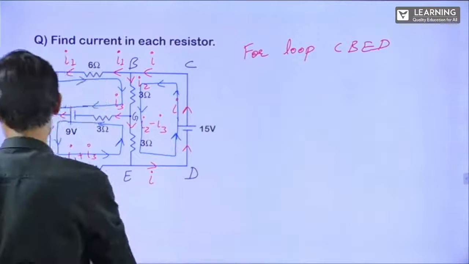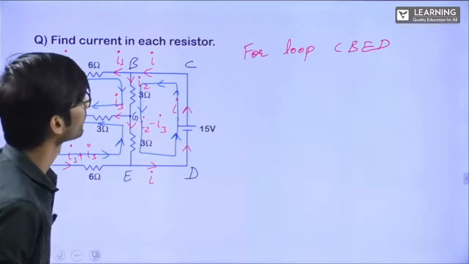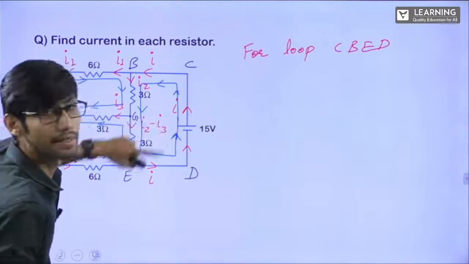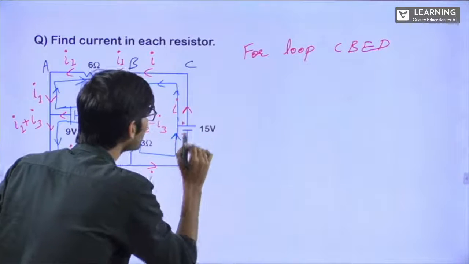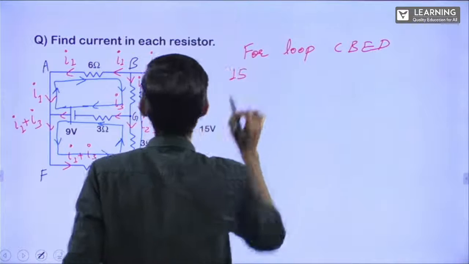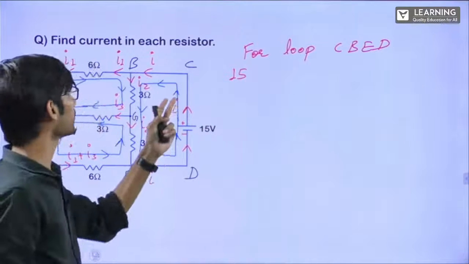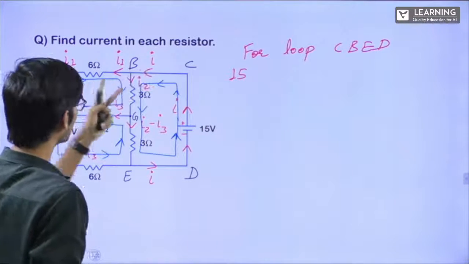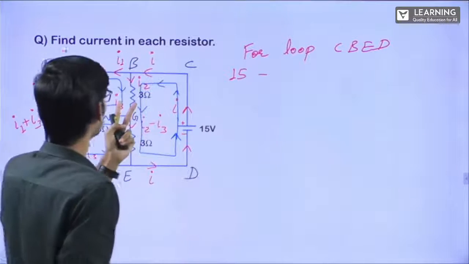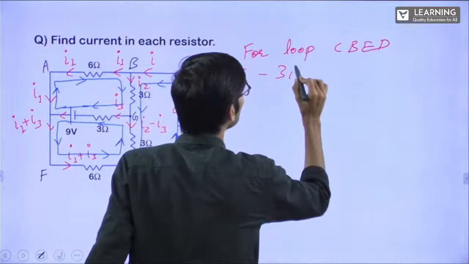Now see. 15. From negative to positive we are going. Our direction is this, so this will be 15. We'll do it fast. The direction of current and my direction is the same here. Here also it is the same. So since it is the same, it will be minus 3I2.